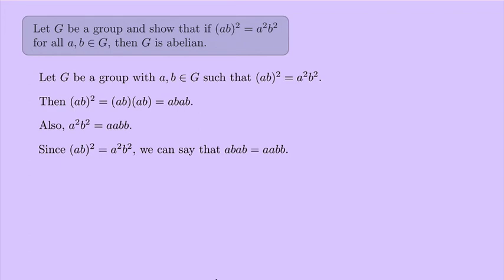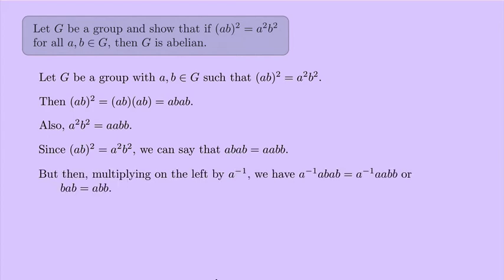Now we're going to use the cancellation laws that we talked about before. So then, multiplying on the left by A⁻¹, we have A⁻¹ times A times B times A times B equals A⁻¹ times A times A times B times B. So what we're really doing, and I didn't write it out here, is saying that A⁻¹ times A, there's my A⁻¹ times A, is the identity element, and the identity element multiplied by anything gives you back the same thing.